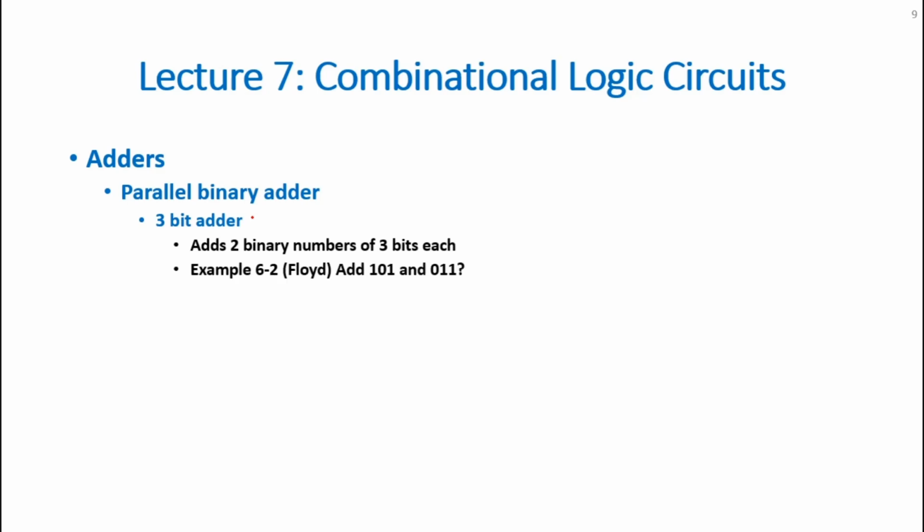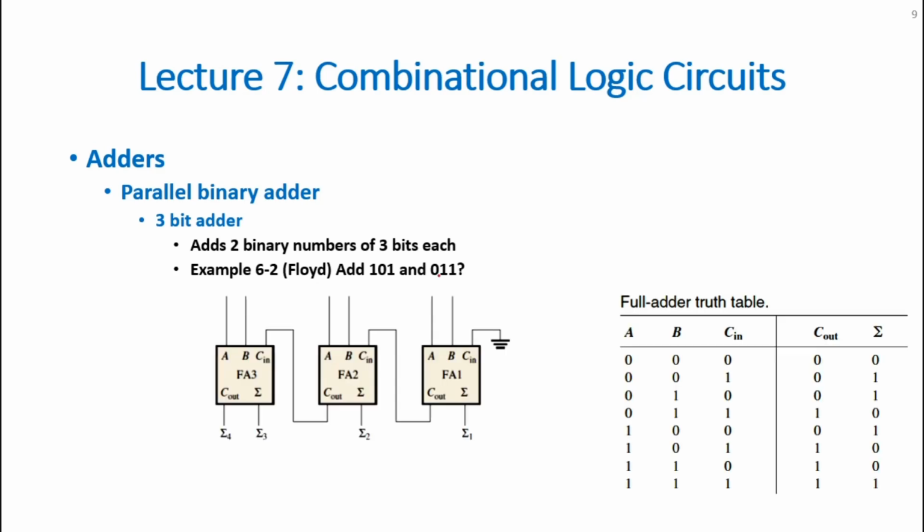So here is an example from the book to add 101 with 011, which is a 3-bit number. Here we can see that we have 3 full adders FA1, FA2 and FA3. Keep in mind that the least significant bits will be added in the first adder.